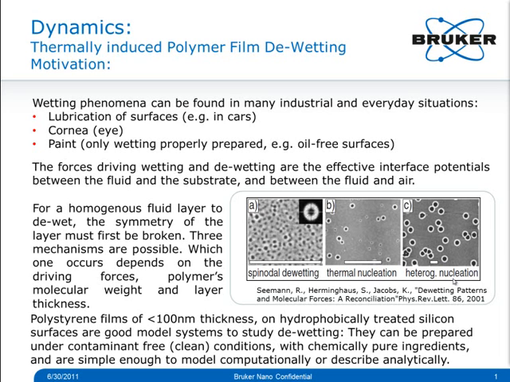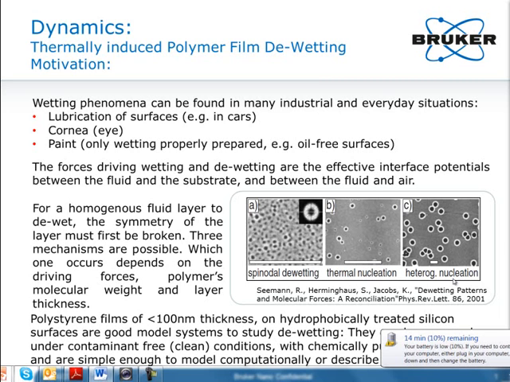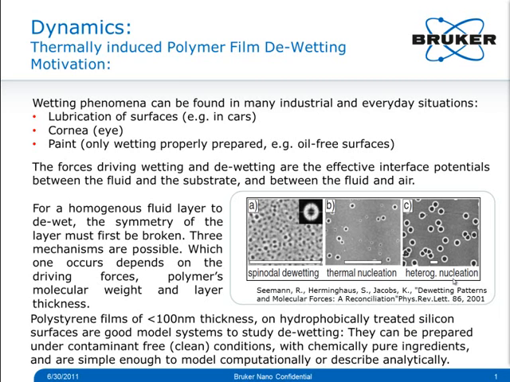In the case of heterogeneous nucleation, impurities in the film or substrate are the nucleation sites for holes, and holes form simultaneously and therefore have similar sizes later.